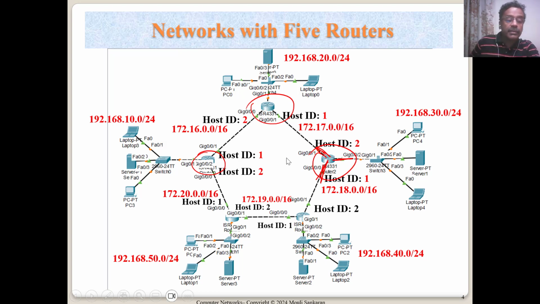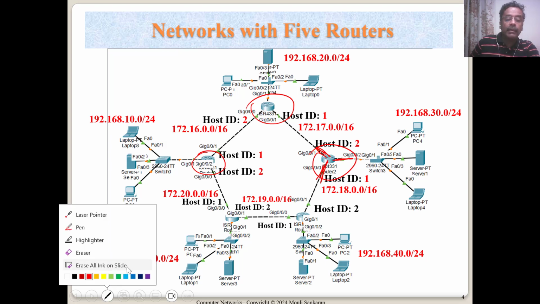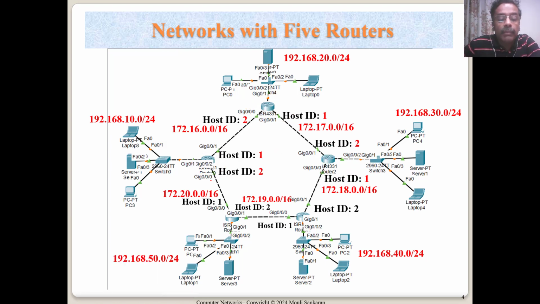Now let us try to understand. Maybe I will take one router and try to make it clear. This is one interface. I am not going into the details of which interface. Anyway, it is seen here, gigabit interface 1, and this is 0, and that must be another interface of the router.